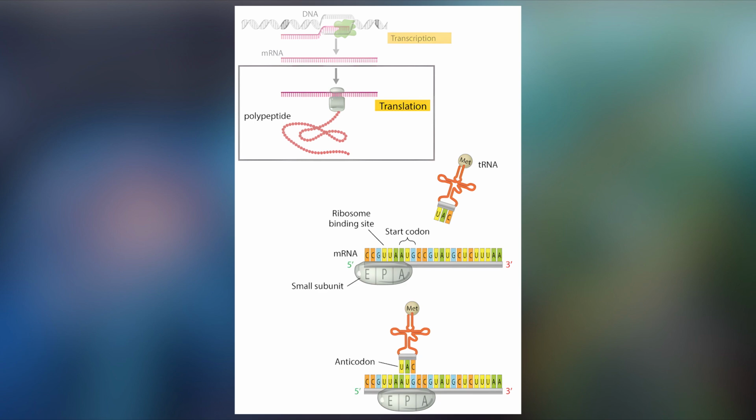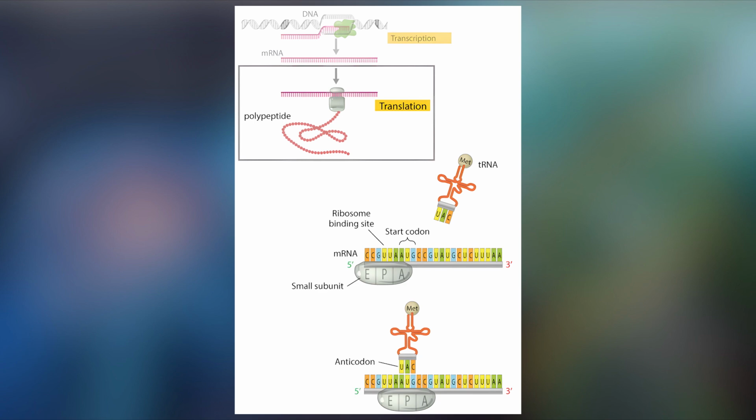So it's starting the whole process. So we've got our small ribosomal subunit sitting on the bottom, and the mRNA spread along the top. Then what happens is a special initiator tRNA comes in and binds to its corresponding codon on the mRNA, which is the same as the start codon.